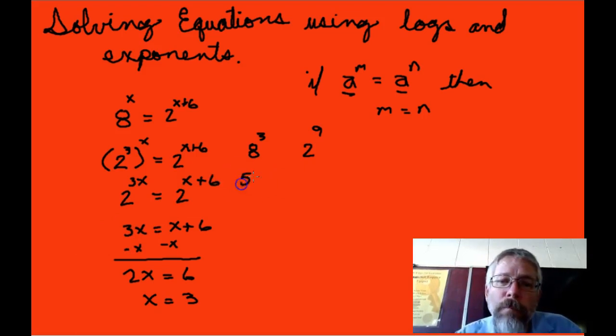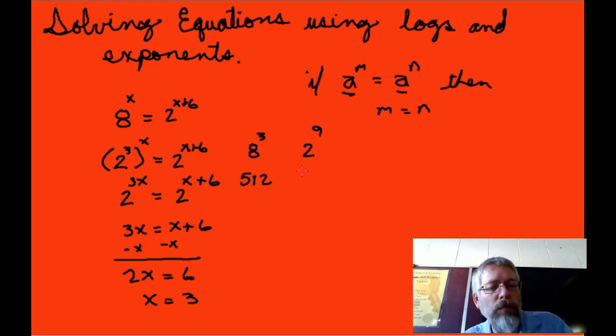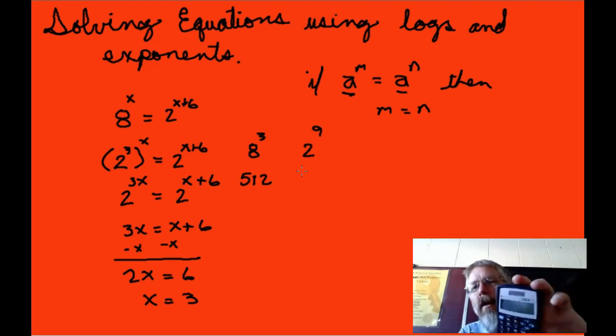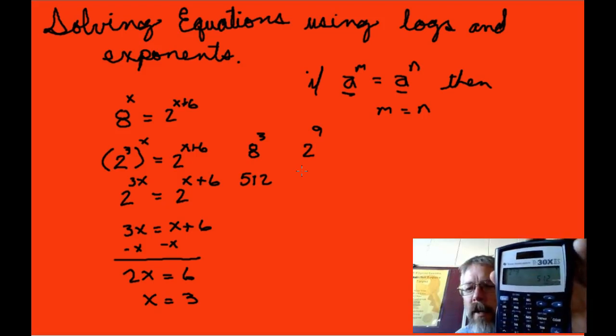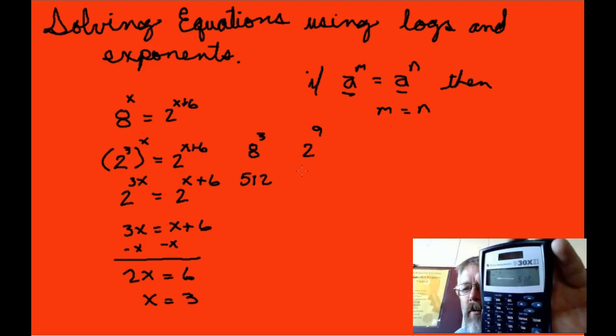And I know that 2 to the 9th is also 512 because 2 to the 10th is 1024. But, just for kicks, I'll calculate it on the calculator and show you that. I don't know if you can see that I did 2 hat 9, but it does indeed say 512.